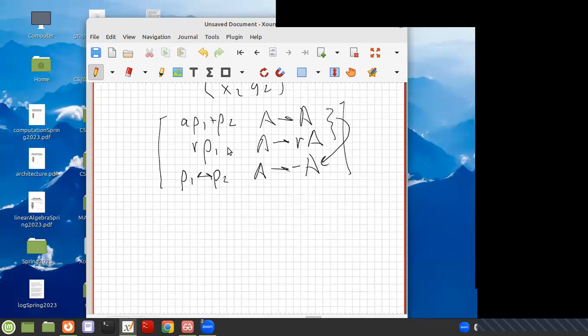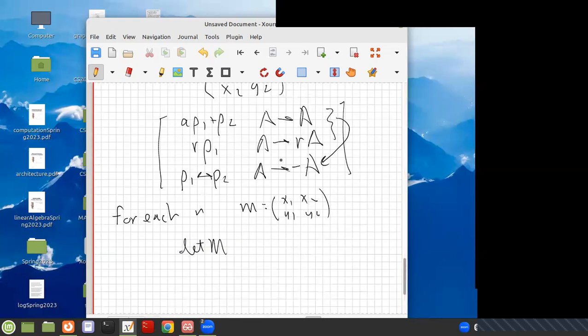So what we're going to do is say, for each n, we're going to look for a map. If we have a matrix M, which we can think of as x1, y1, x2, y2, we can think of the determinant of M, and we want it to have these properties.